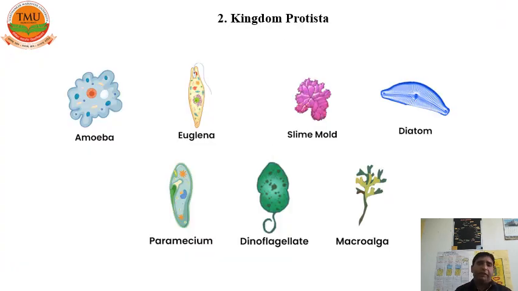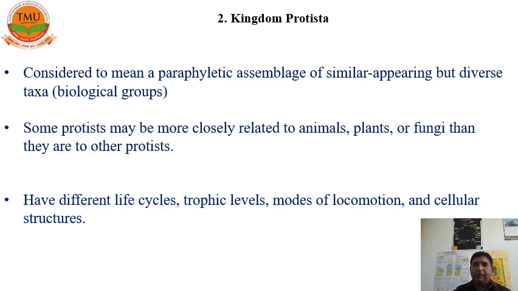Next is kingdom Protista. In this kingdom, these are eukaryotic cells. Mostly these are unicellular: Amoeba, Euglena, slime molds, diatoms, parameciums, dinoflagellates, many of which you are already aware of. This kingdom is considered a paraphyletic assemblage of similar appearing but diverse taxa.